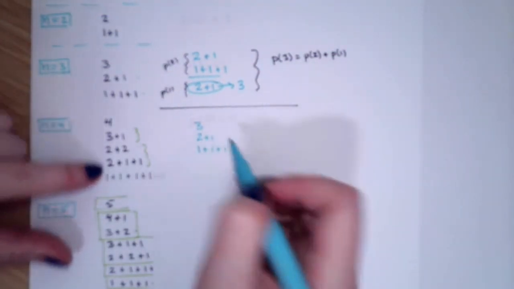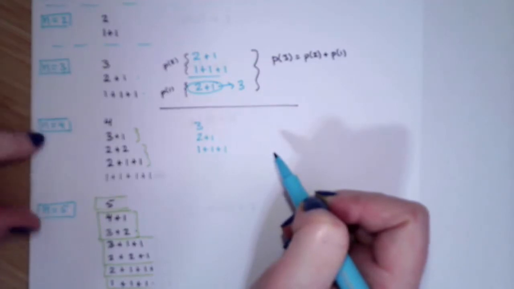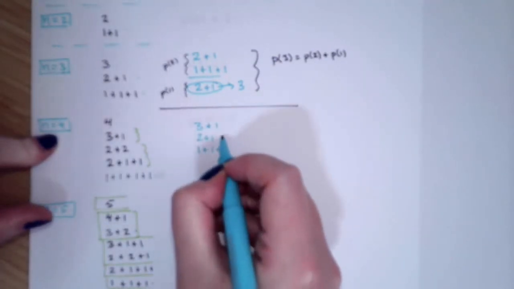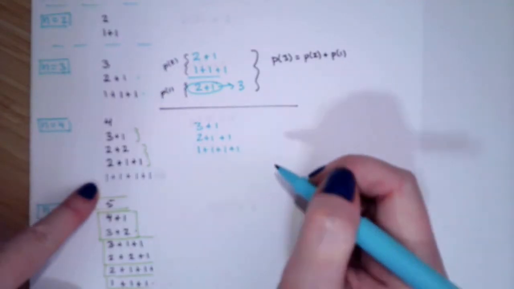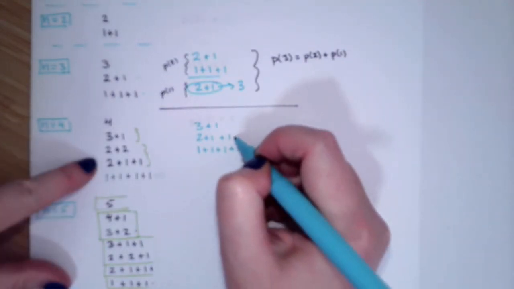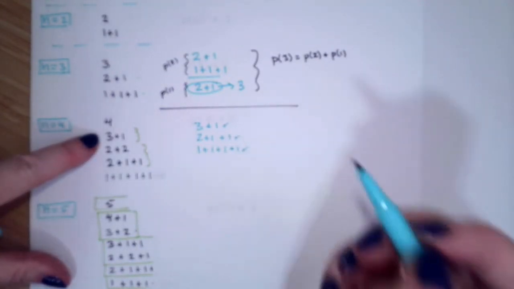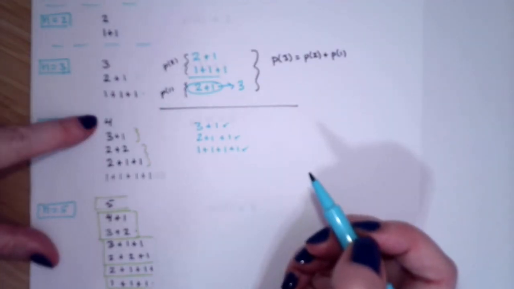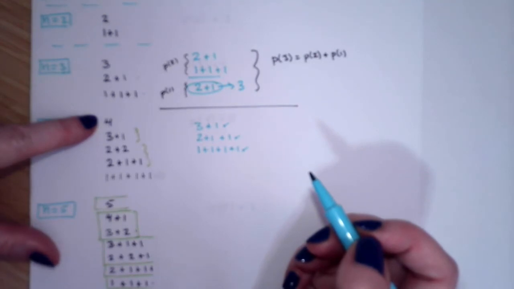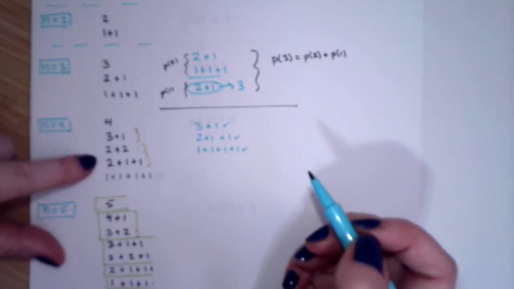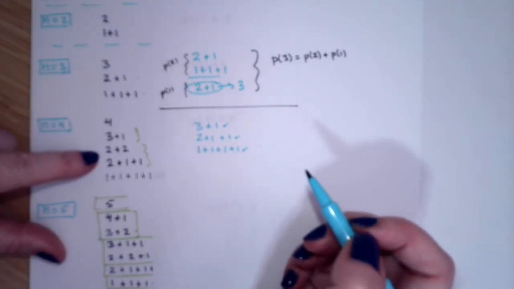None of them are exactly in here because they only add up to 3, which means if we add 1 to all of these, double check, do we have them all? Yep, we've got this one, this one, and this one. So the only things left are 2 plus 2 and 4. Well, 4 is just everybody all added together, so that one's not going to work from a previous term anyway. But 2 plus 2, how could we get that?